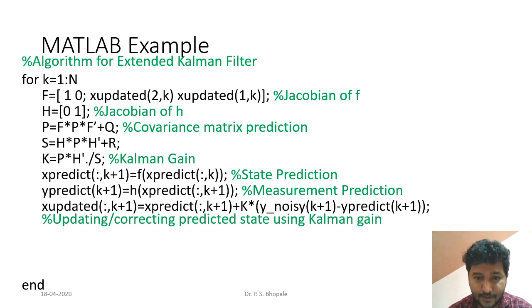So in this code you can see the predicted value is here. This predicted value is calculated in previous states. This predicted value is updated using the Kalman gain k, which is calculated here, and the updated value depends on the noisy measurement from the actual plant and the predicted value.